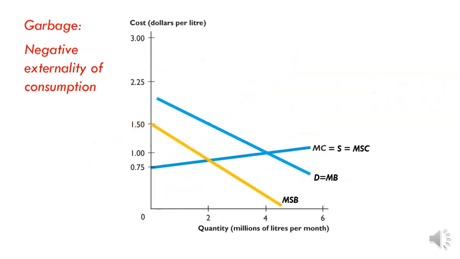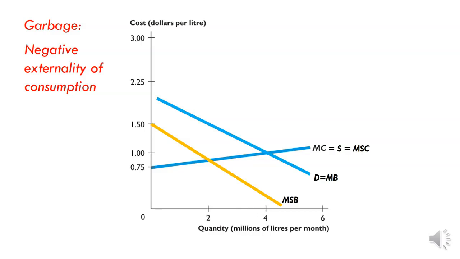What about if we took a case of a negative externality of consumption, such as garbage or littering? So we've got the marginal costs, and we're saying there are no externalities associated with the production of the products, whatever they are, but there is a negative externality associated with the consumption or use of the product.